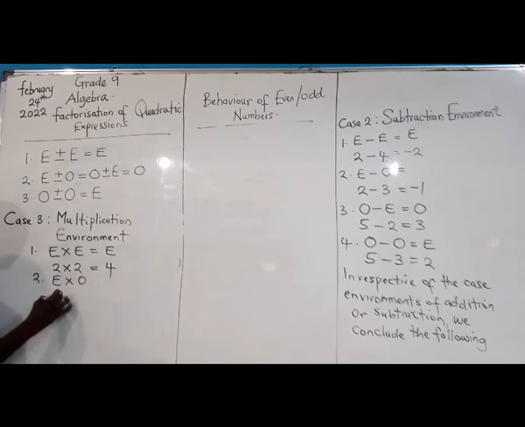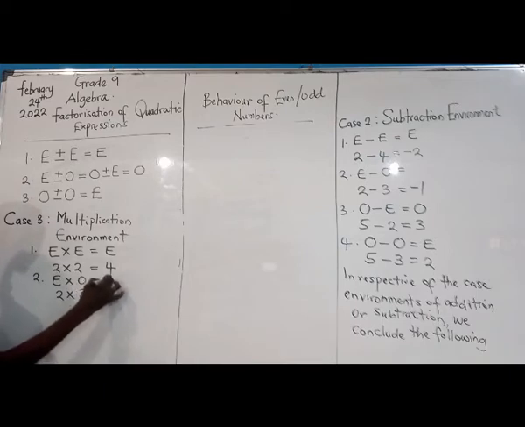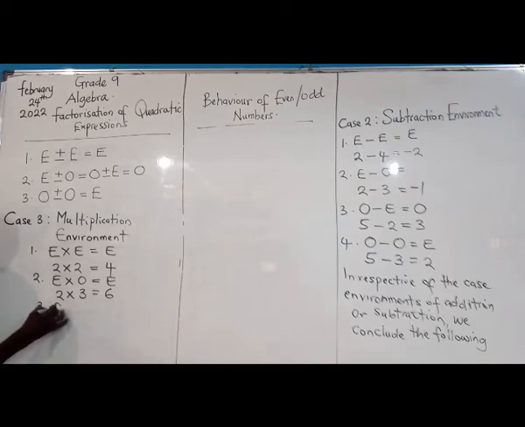That will be like what? 2 times, let's say 3. And what I get is 6. So this must be what? Even. I take another one. Let's say I take odd times even, let's take 3 times, let's say 4.